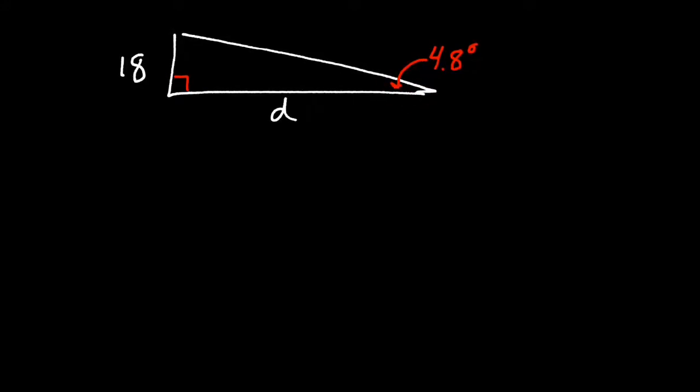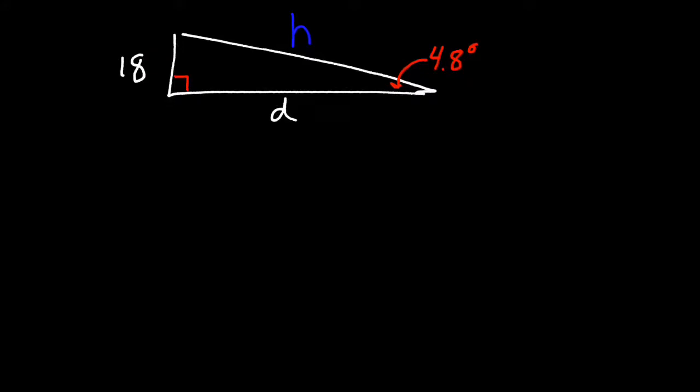It's a small angle. Well, first thing we're going to want to do is label our sides. Which one's the opposite, which one's the hypotenuse, and which one is the adjacent. Across from the right angle is our hypotenuse. So there's our H. Now, the angle we are given, this one right here, we're going to shoot an arrow all the way across to the 18.